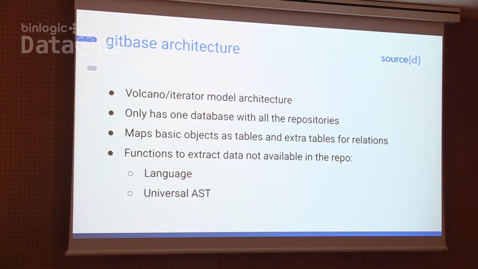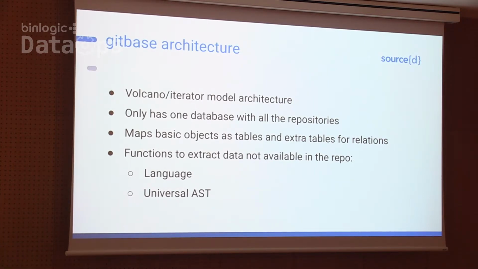We have like two kinds of objects. One is the objects that are almost a one-to-one relation from the Git object to the table, so you have the same information in Git and in the table. And then we have some special tables.